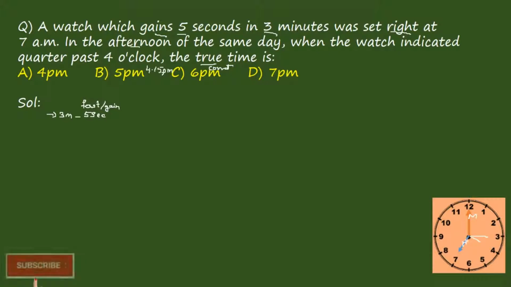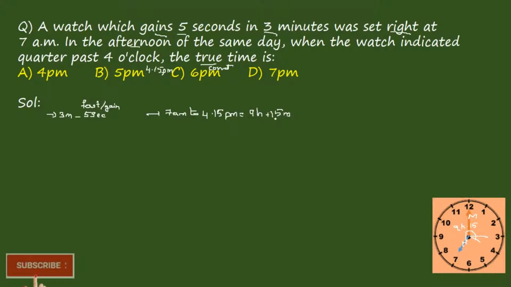How much time is taken to move from 7 to 4:15? It's nothing but 9 hours 15 minutes. So to move from 7 a.m. to 4:15 p.m., it takes 9 hours plus 15 minutes.